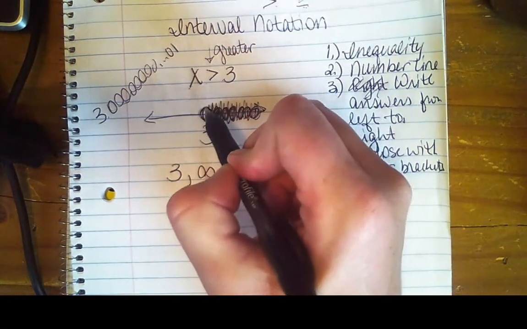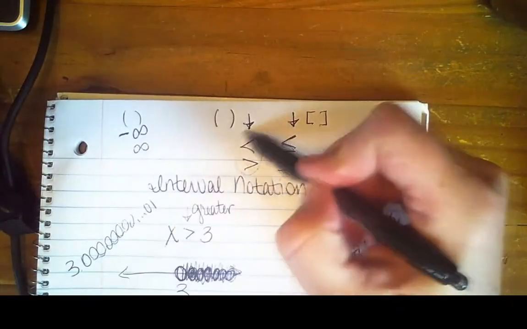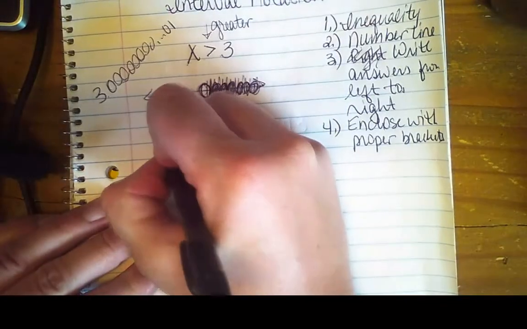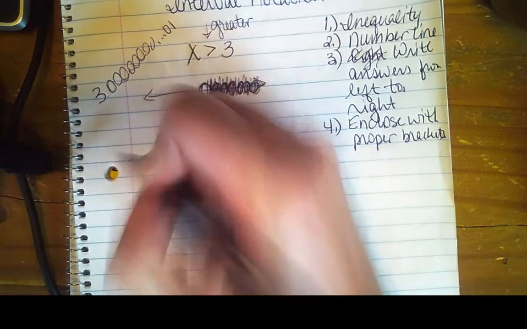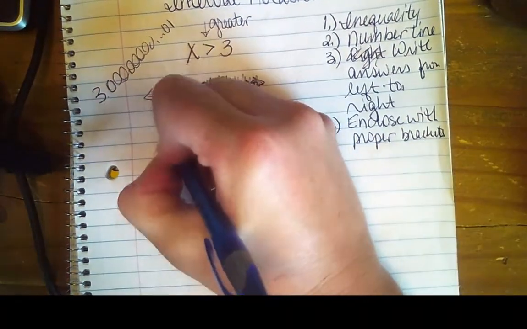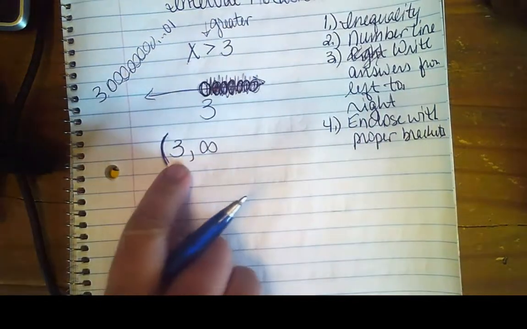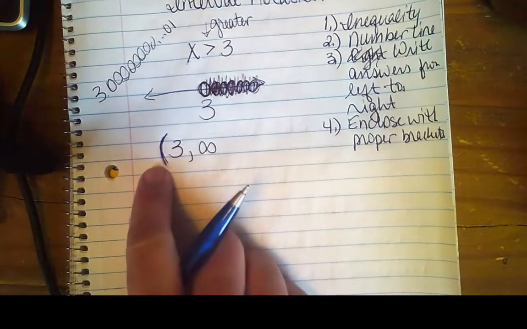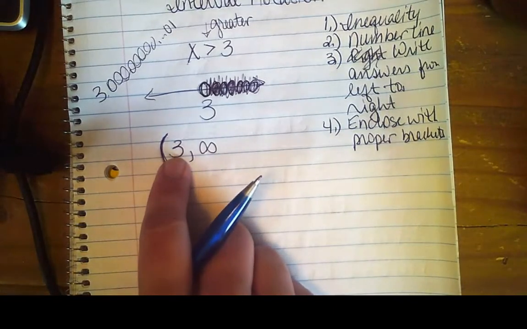So if it's an open circle, if it's one of these two things right here, he's going to get a soft bracket. He starts off with a soft bracket. So this soft bracket belongs to the 3. The way I read that is start at 3, just don't touch it.